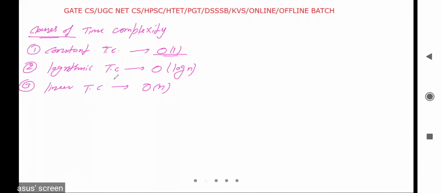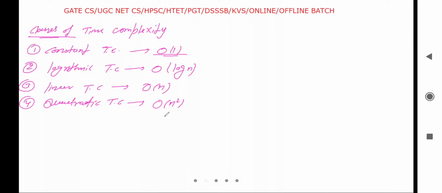Next one is quadratic time complexity. Quadratic time complexity is order of n square.